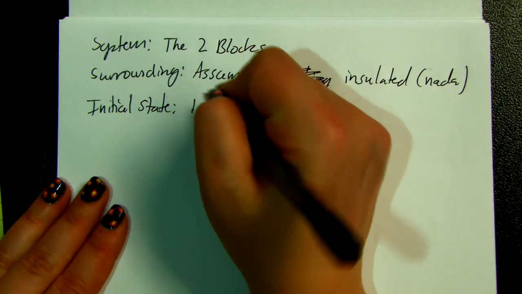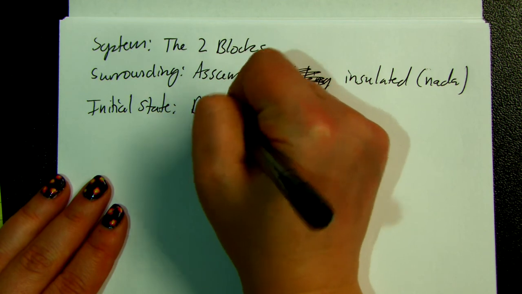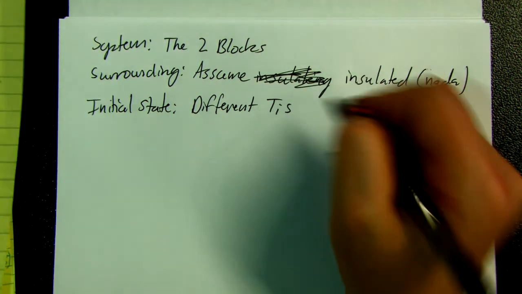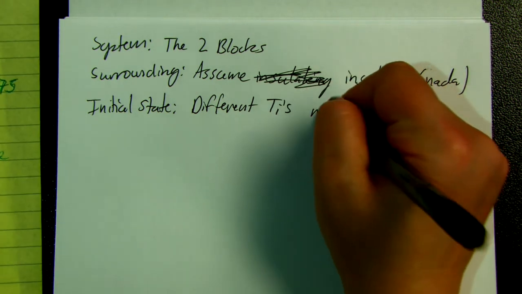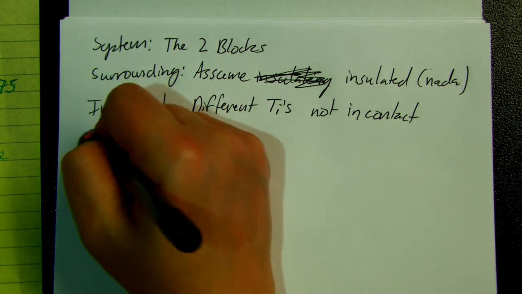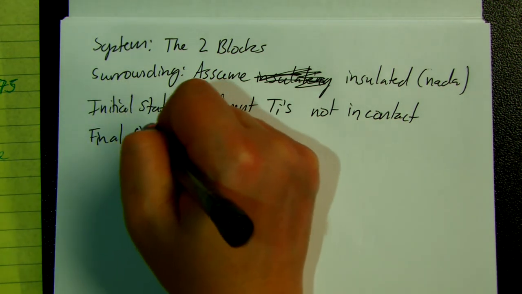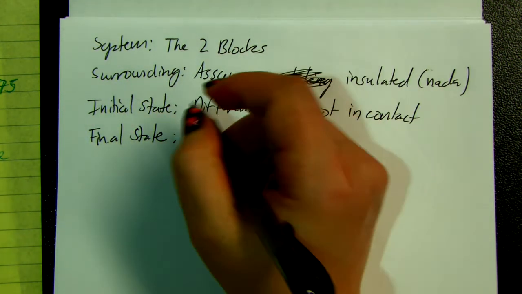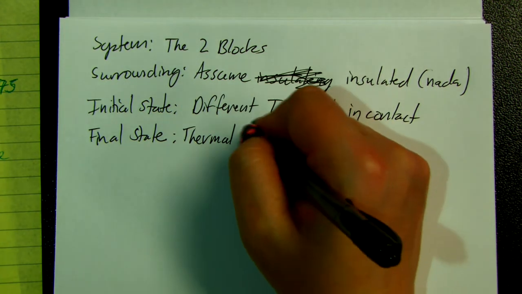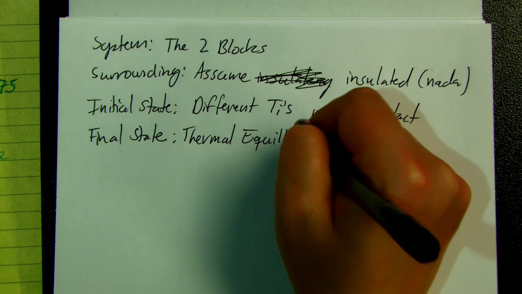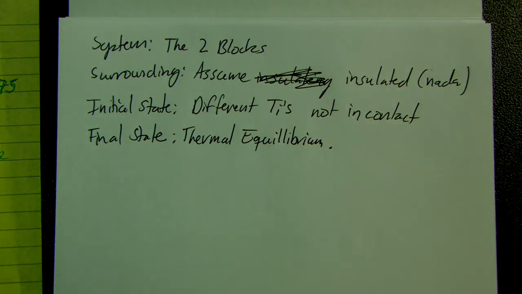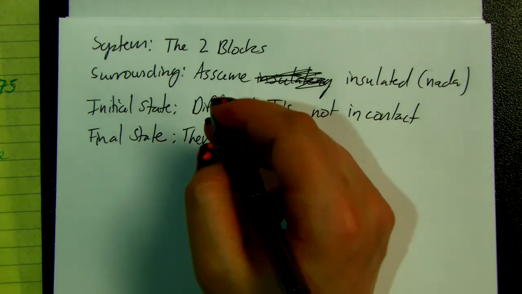All right, so the initial state: different T's, not in contact. And the final state, thermal equilibrium. All right, so we need our energy principle.